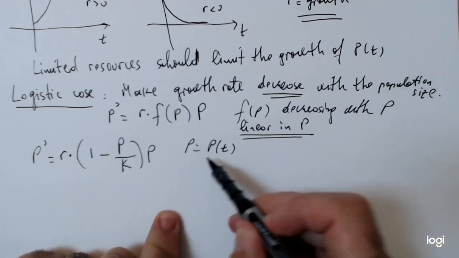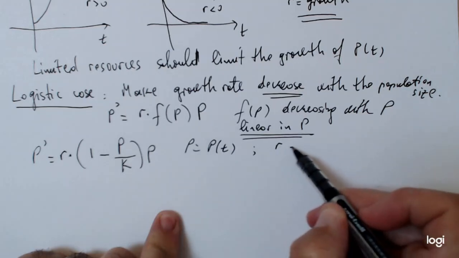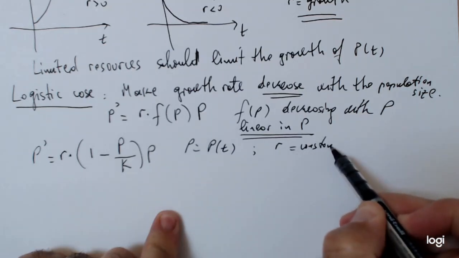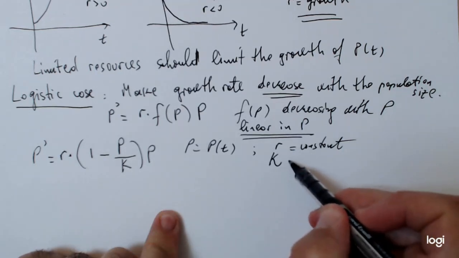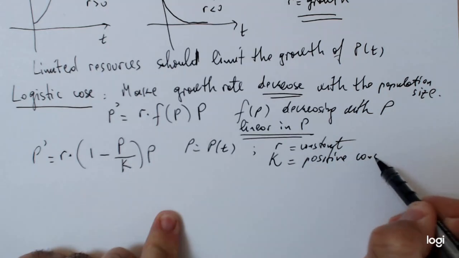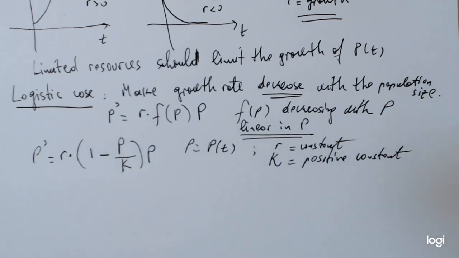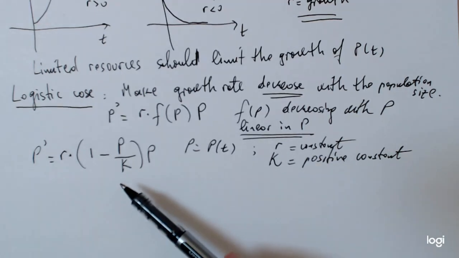So what stands for the dependent variable, the function with respect to t, and what are the constants? r is a constant, and K, in this case, is a positive constant. The reason it's positive is because, in the case of a positive growth rate, this becomes the upper limit of the total population.